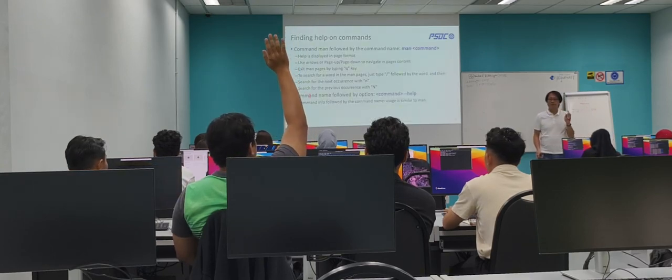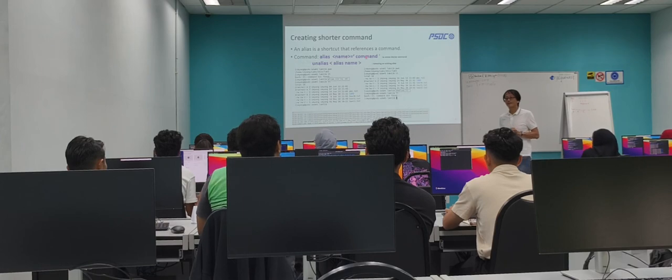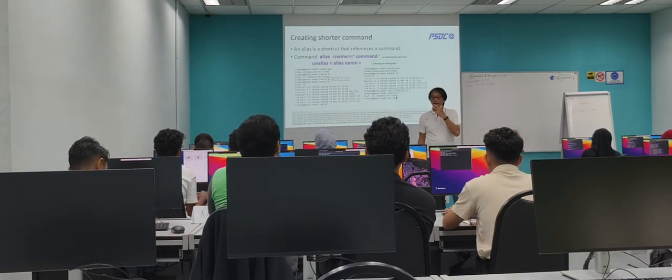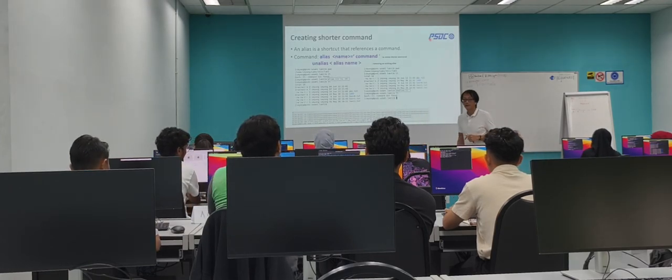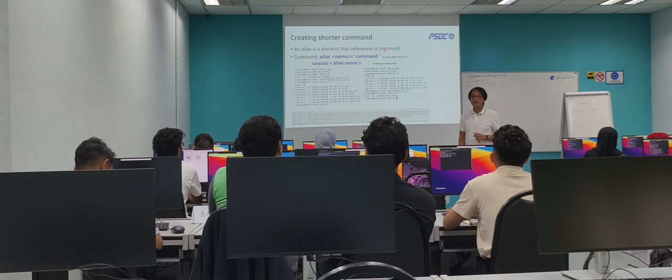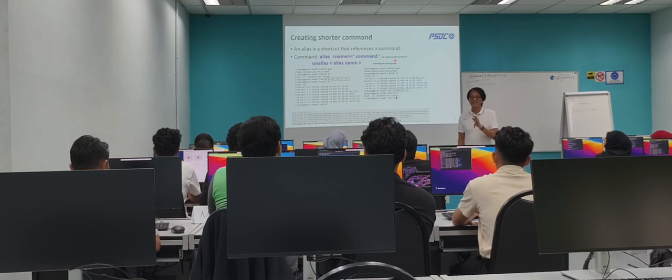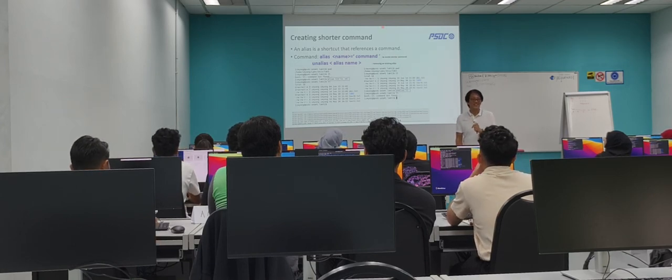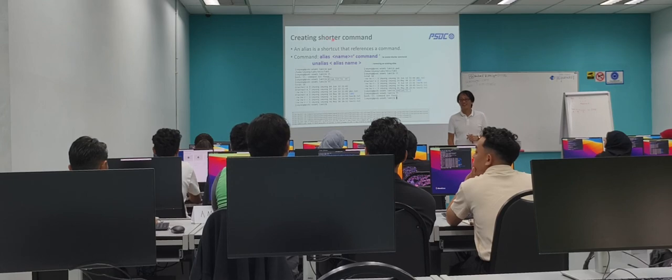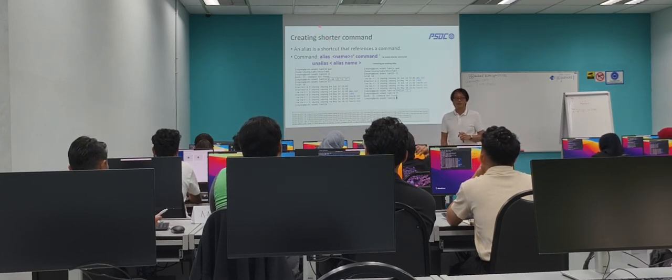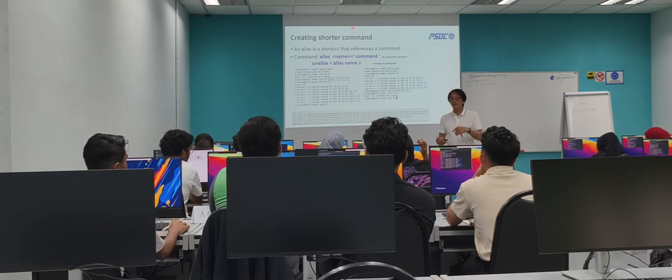For alias, do you have a limit on how many aliases you can make? So far, I haven't found any limit yet. Can we list out our aliases if we have a list of aliases that we made?